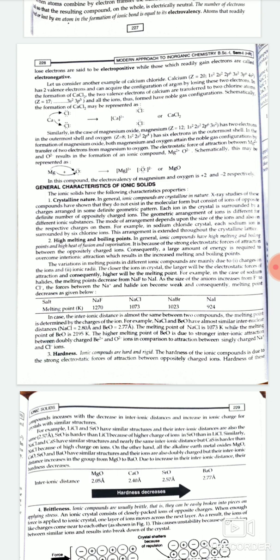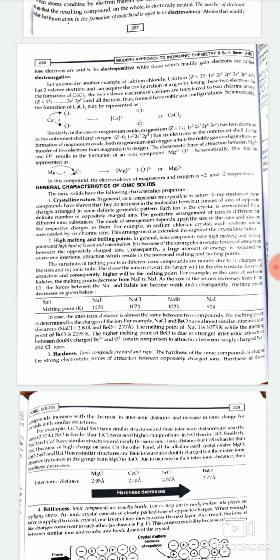The melting point of NaCl is 1073 Kelvin while the melting point of BeO is 2195 Kelvin. The higher melting point of BeO is due to stronger interionic attraction between doubly charged Be²⁺ and O²⁻ ions in comparison to attraction between singly charged Na⁺ and Cl⁻ ions.